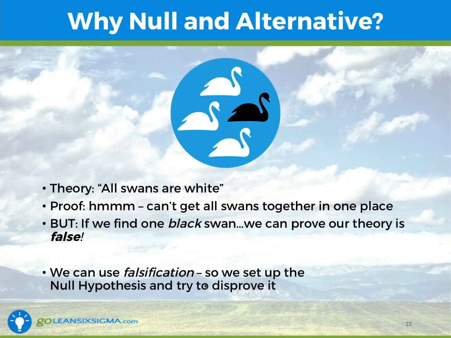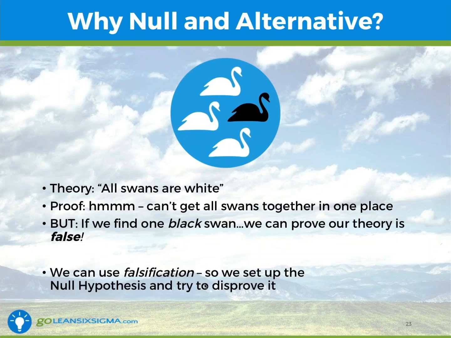Let's take a step back and say, what if your theory is that all swans are white? How do we prove it? I want to prove that all swans are white, but I cannot get all the swans together in one place. But if we find one black swan, then we can prove our theory is false. So we use falsification.